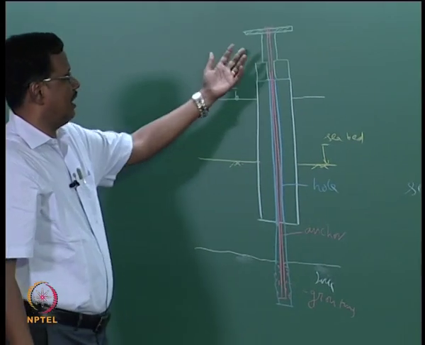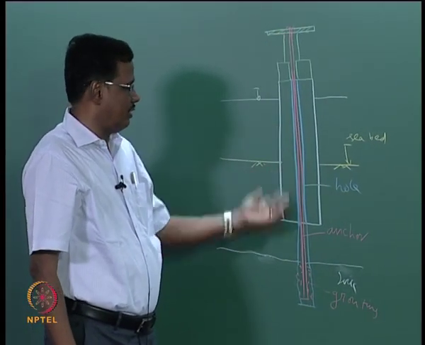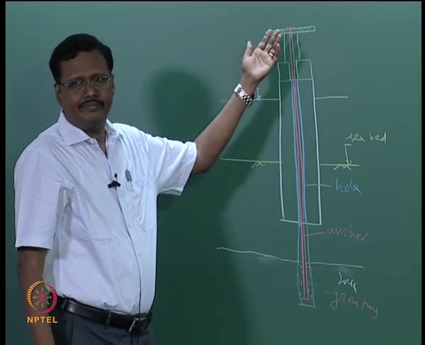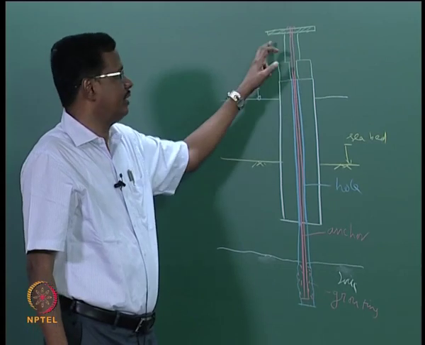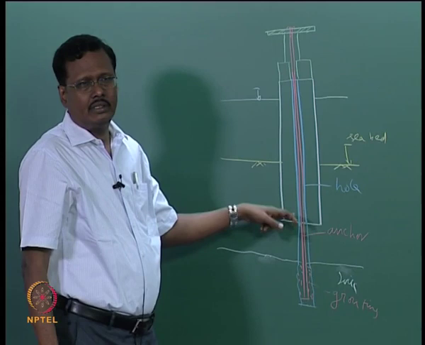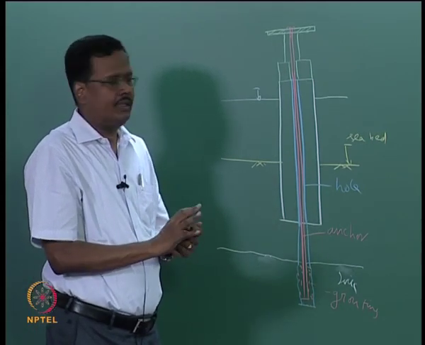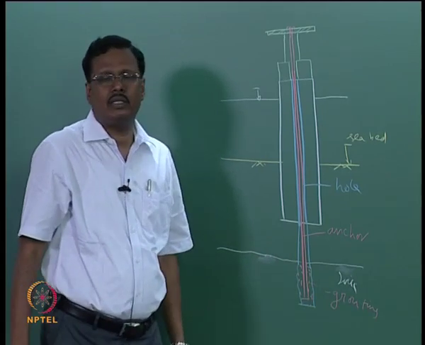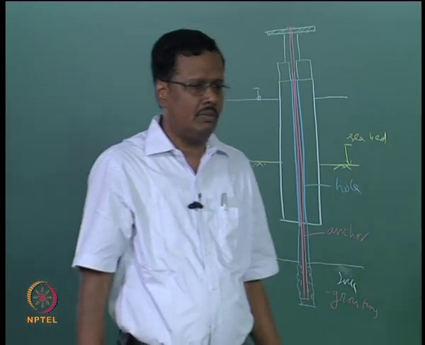Using the jack you just apply the load. What you are trying to do is pull the anchor, right. When you want to pull something, there should be a reaction, that reaction will go to the pile, right. This anchor should have sufficient capacity. Only if rock is available can we do this method. This is another commonly used method.